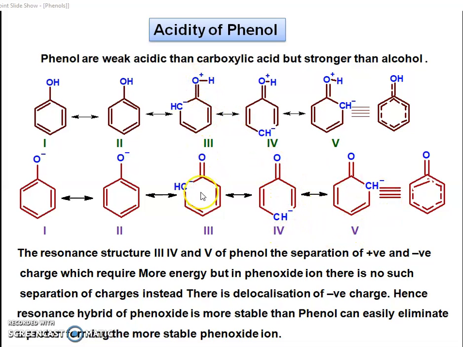This separation of charge is not present in the phenoxide ion, but the separation of charge in the phenol takes more energy compared to the phenoxide ion, and the phenoxide ion is more stable.